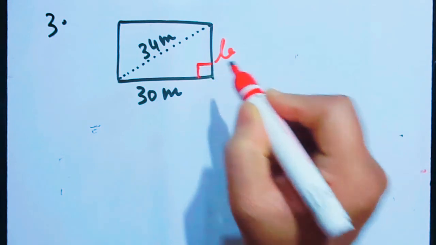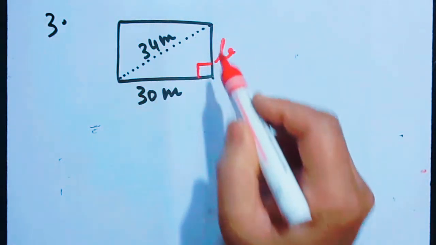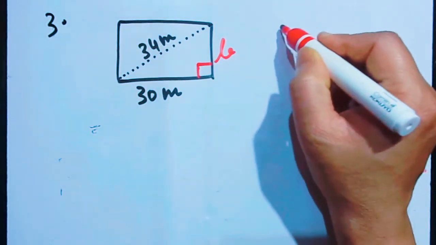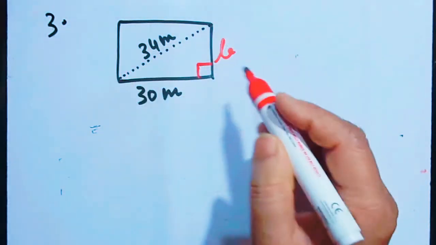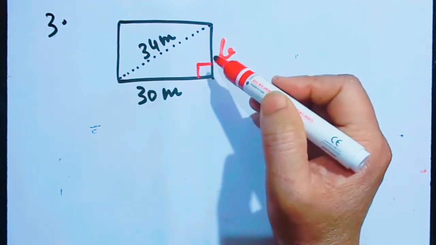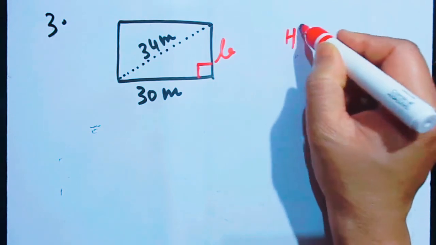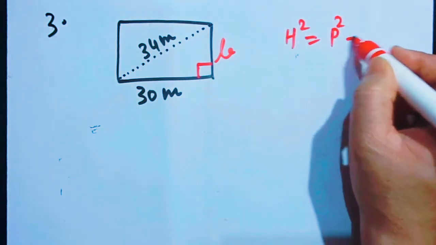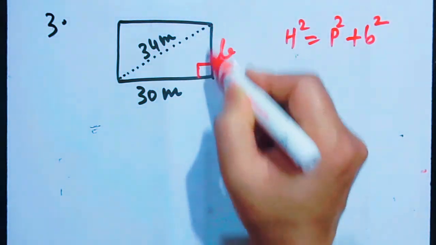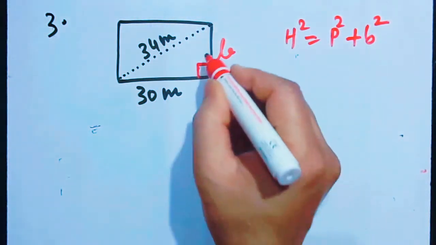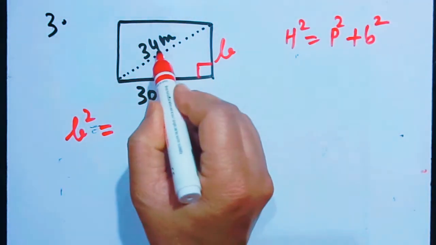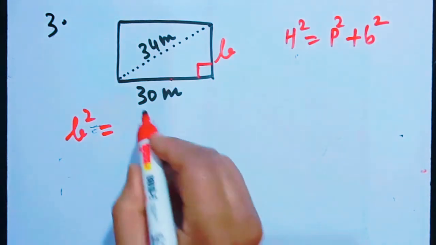Here it becomes a right angle triangle, and you have already studied Pythagoras theorem that in a right angle triangle, when two sides are given, the third side can be found out using the formula h square is equal to p square plus b square. But here this is your perpendicular. Therefore, b square will be equal to h square minus p square.